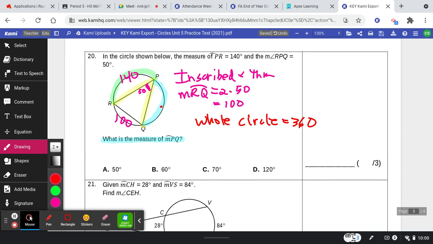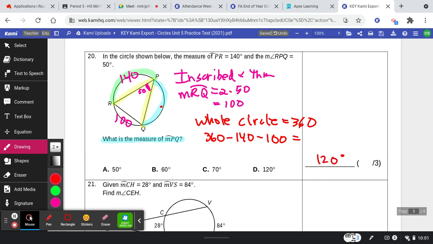Yep. Now you can do it how Chloe did it, where she set up the math 3 equation, or you guys can just literally go 360 minus 140 minus 100, or some of you are like, it's 240, and you can just subtract 240 at once. And what does that give you, Sierra?